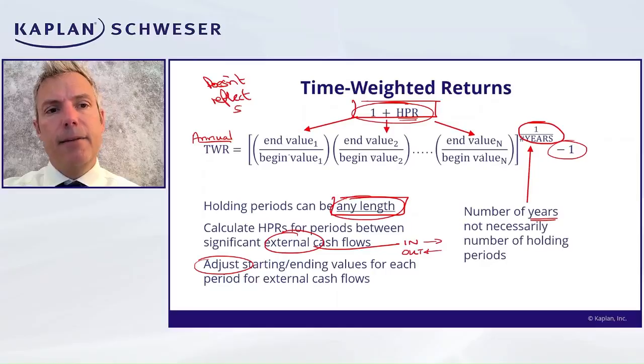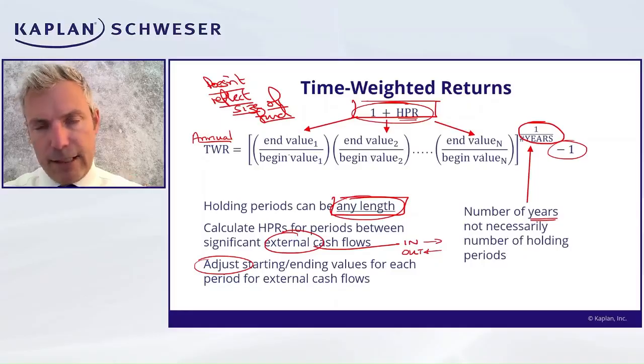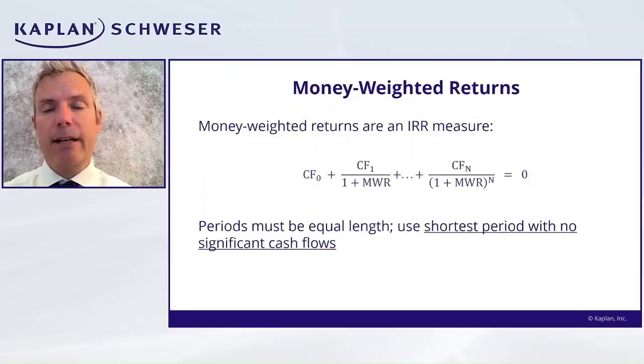It doesn't punish an investor for putting more money to work just before a relatively bad period of performance, or taking money out prior to a relatively bad period of performance. And you can see where I'm going with this, because next up is the money-weighted rate of return.